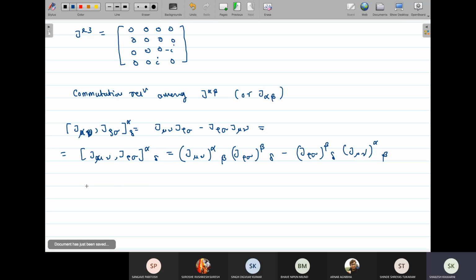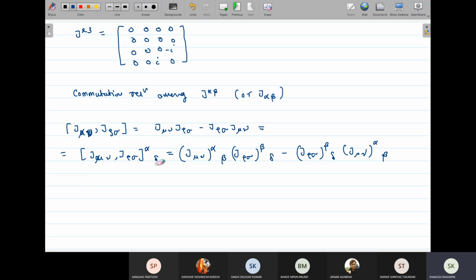So this is what I want to calculate. This is the commutator, and this represents the alpha delta entry of that commutator.